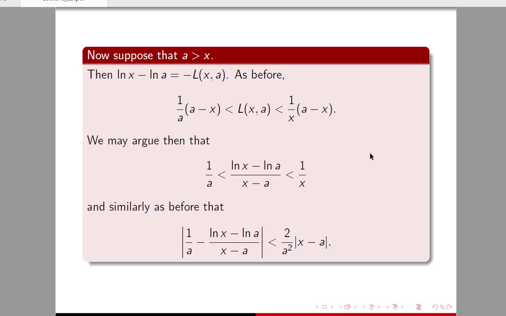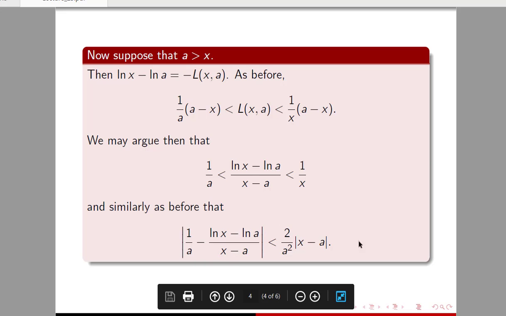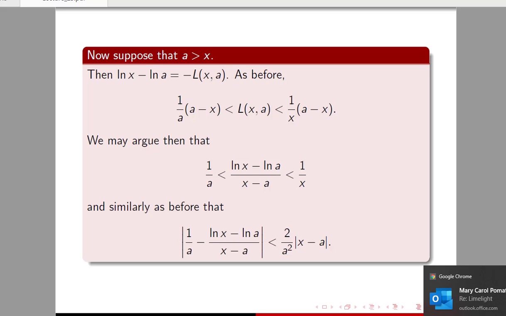And then I can argue as before that my difference quotient is between 1 over a and 1 over x. And again, just copying what I did on the previous page, I can get that my difference quotient in absolute value is trapped less than 2 over a squared times x minus a.